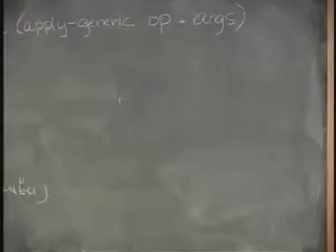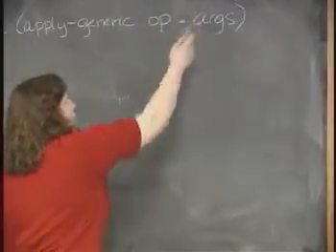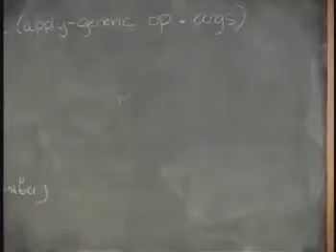So the first thing that happens when we go into apply generic is we want to find out what type our arguments are. Okay, so we've got an operator, and now I want to know what types they are. What am I going to be operating on? Am I going to be adding two numbers? Am I going to be adding two rationals? Am I trying to get the real part of a polar or a real part of a rectangular? I need to find my type.